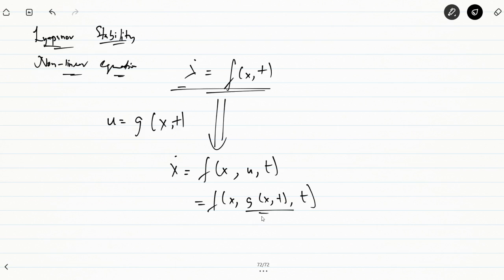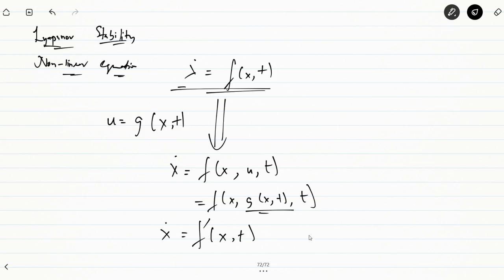So since this is also a function of x and t, you can again boil this down to f dash of x, t, where f dash is now a different function of x and t from f of x, t.